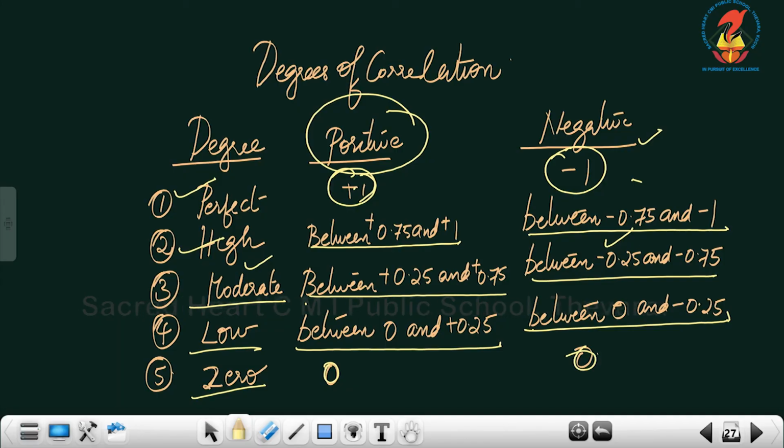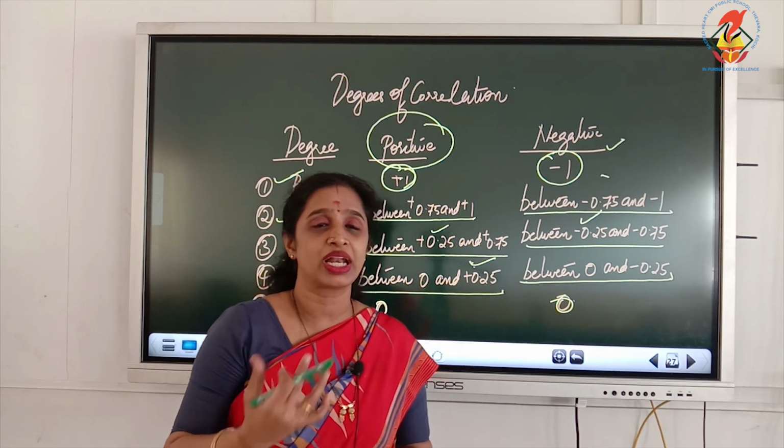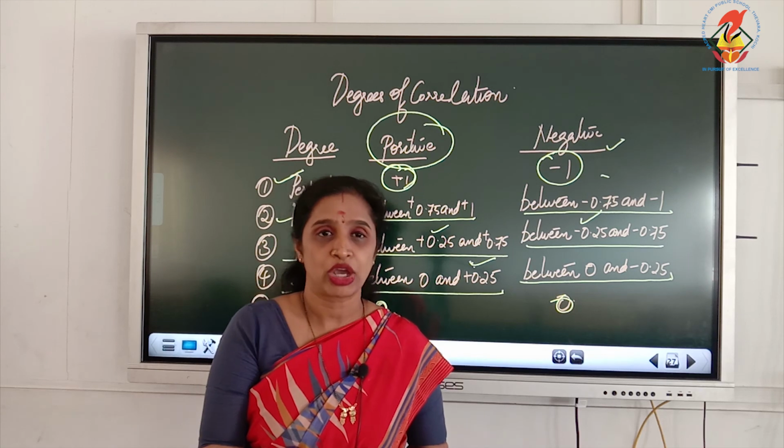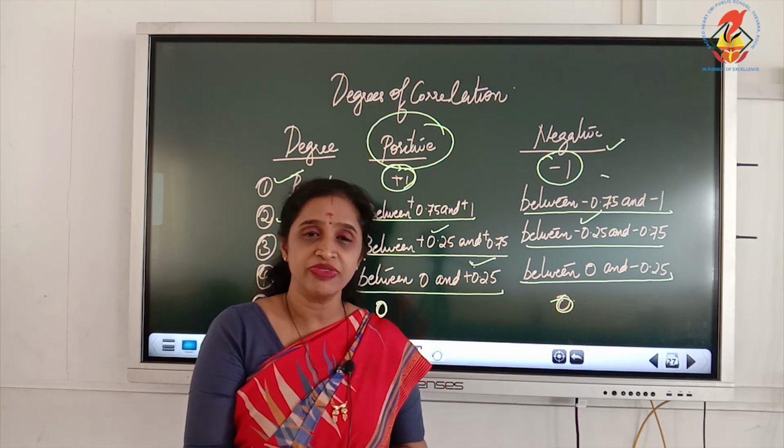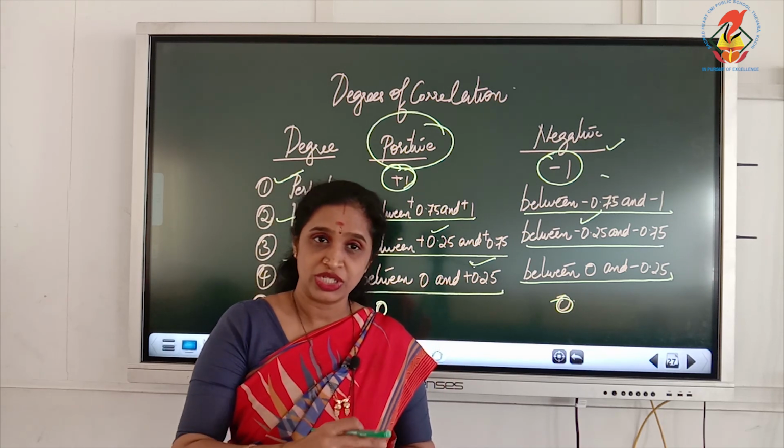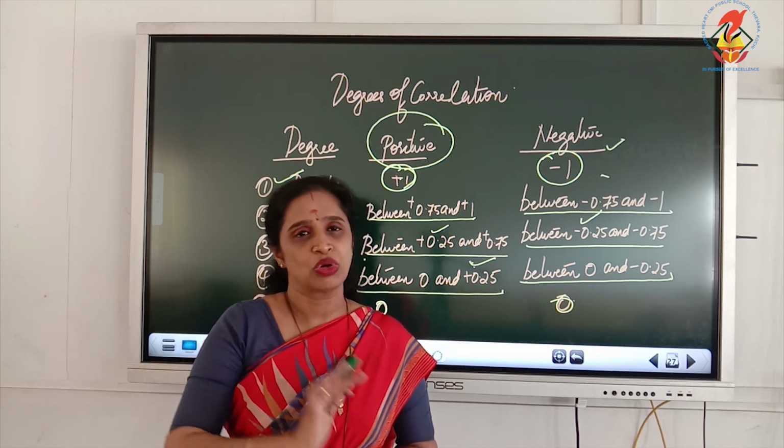If you are getting the answer as positive 0.25, if it is close to positive 0.25 and if it is between 0.25, both you have to look into and write down the relationship accordingly. If it is positive, we can write it is a positive moderate correlation.